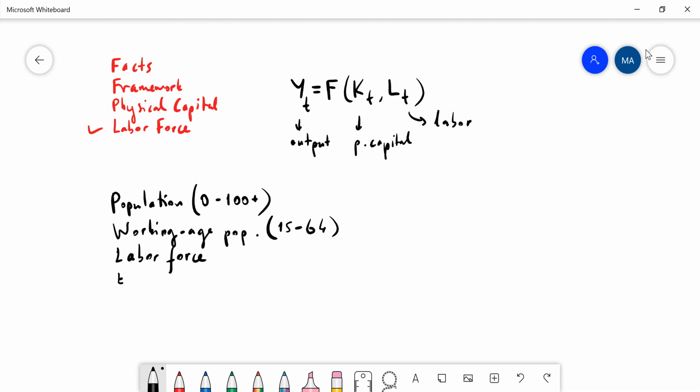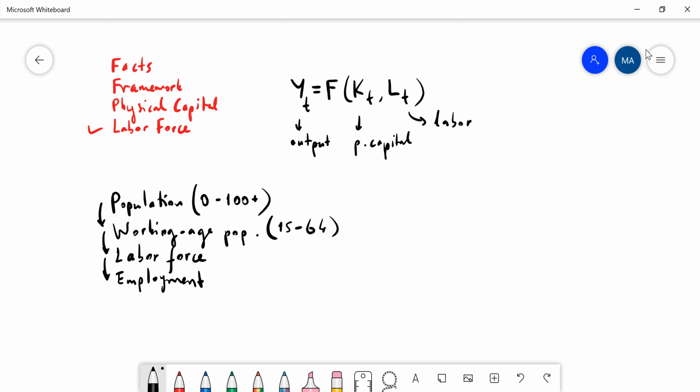Then we have employment. So as you see, we have this, let's say, segregated definition, or the subsets of different groups in the economy.